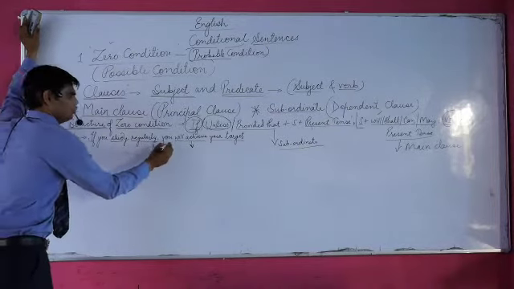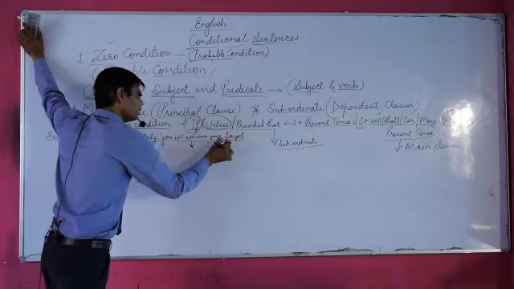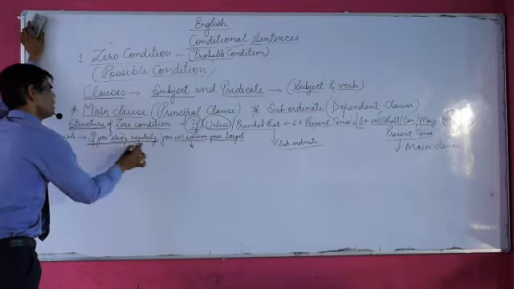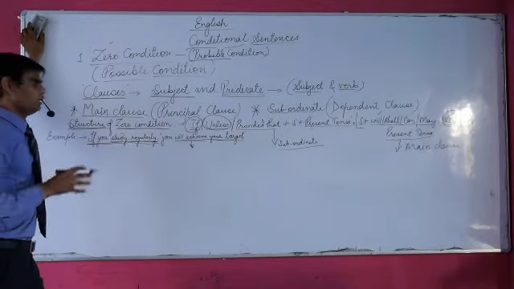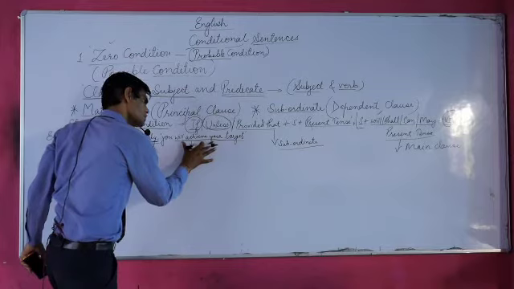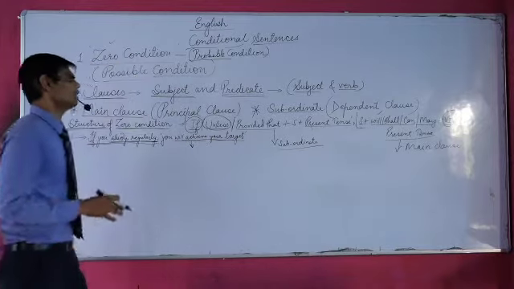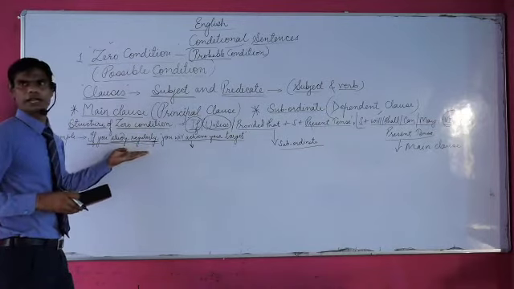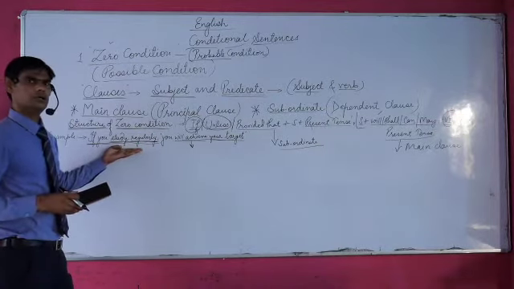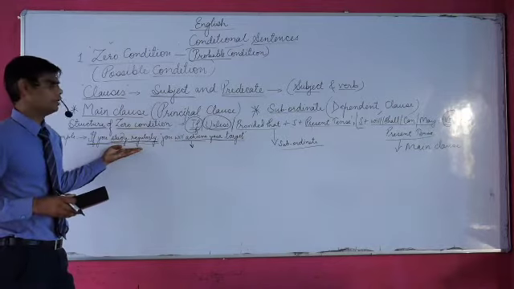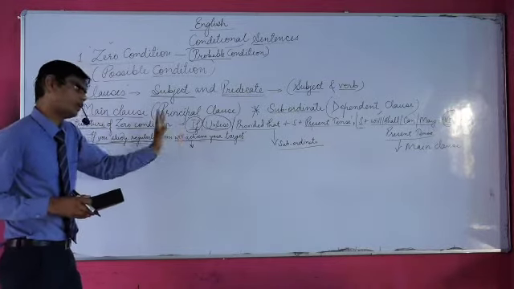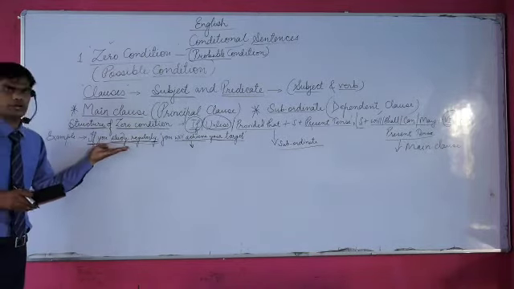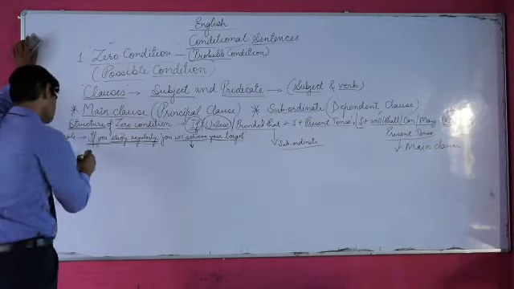If you study regularly, you will achieve your target. You will achieve your target is your main clause, the principal clause, but it depends on this part, study regularly. This is subordinate, meaning you will achieve your target on which condition? If you study regularly.